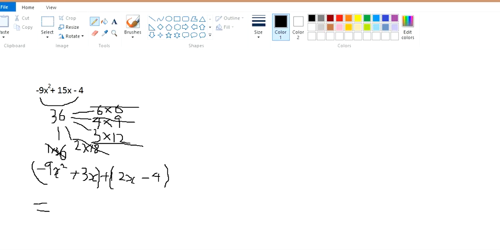So what we have is negative 3x, and what would be left inside the parentheses is 3x minus 1. And then when we do the same thing with the 12x minus 4, we take out the 4 to factor it, and we end up with 3x minus 1.